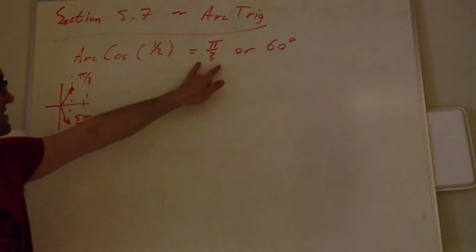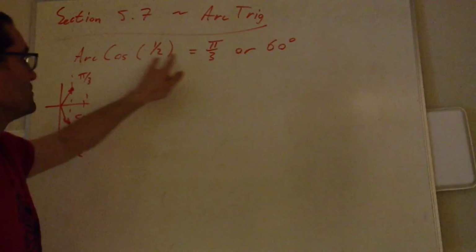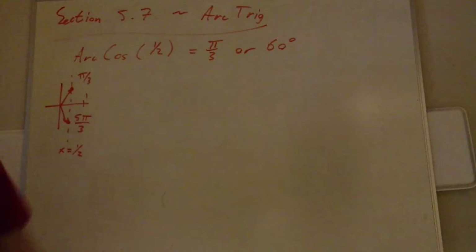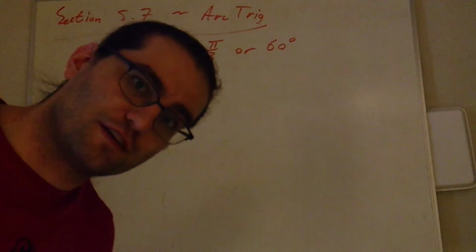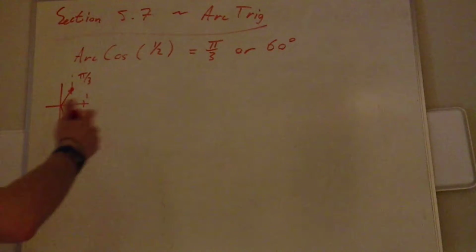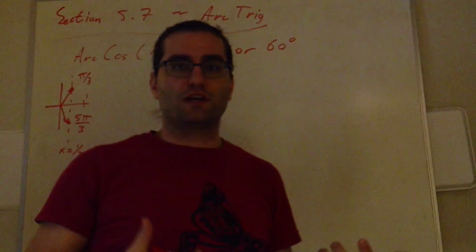So this has two angles that give me the same cosine value. And that's kind of a problem. But wait, there's more. We remember from section 5.1 that we talked a lot about angles being coterminal.